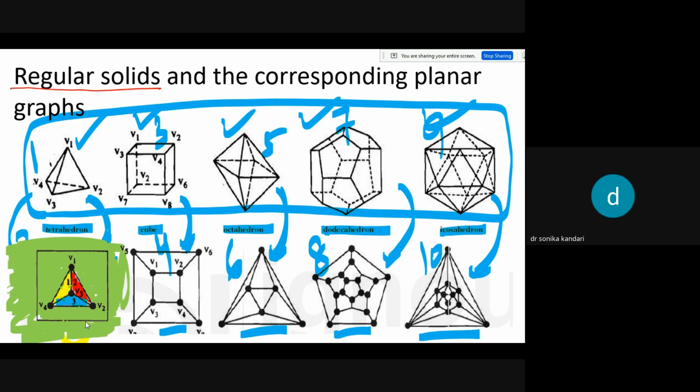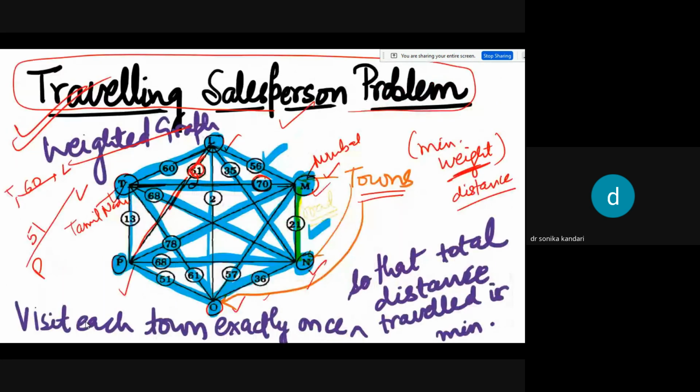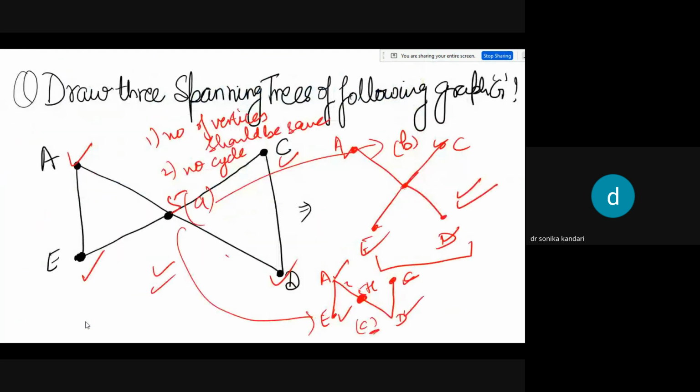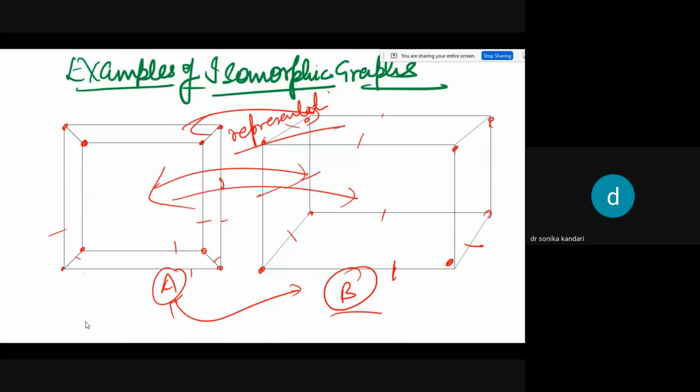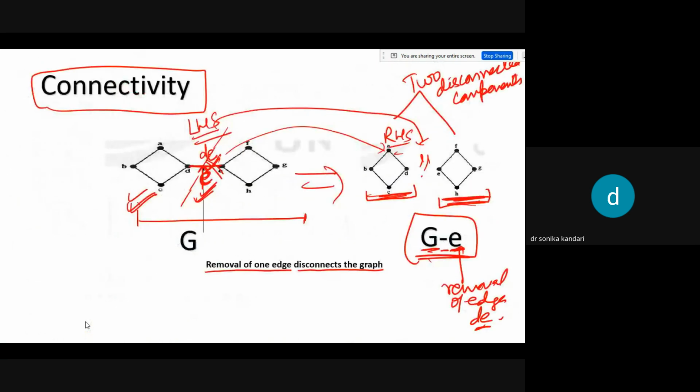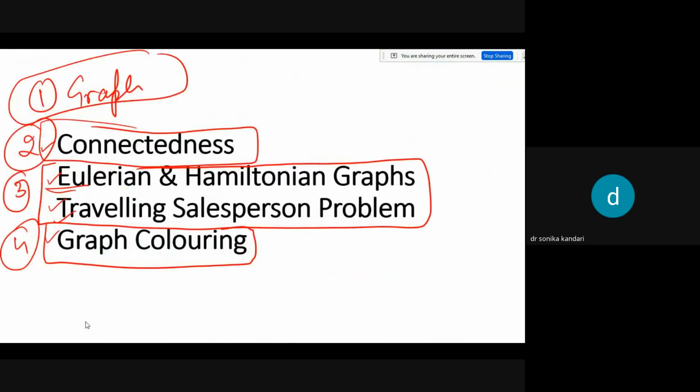Done. So we have completed graphs. Today we have completed the block of graphs completely. We were having 4 booklets under graph. The first one was graph introduction.